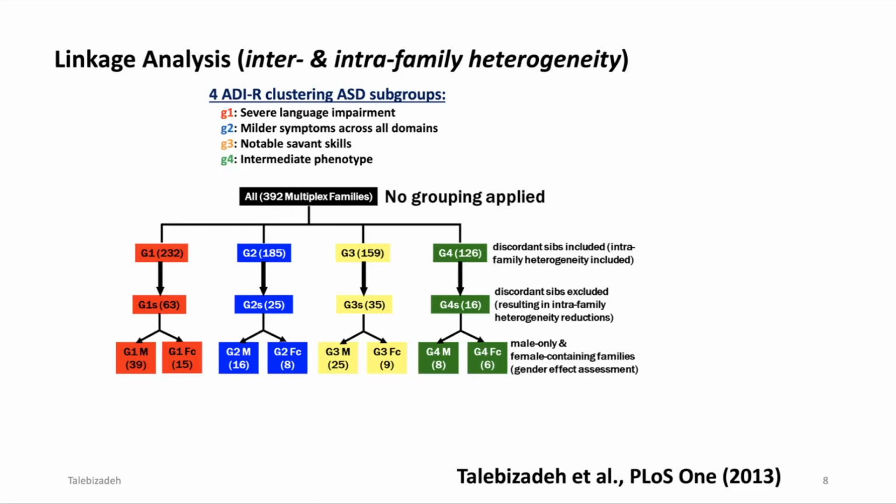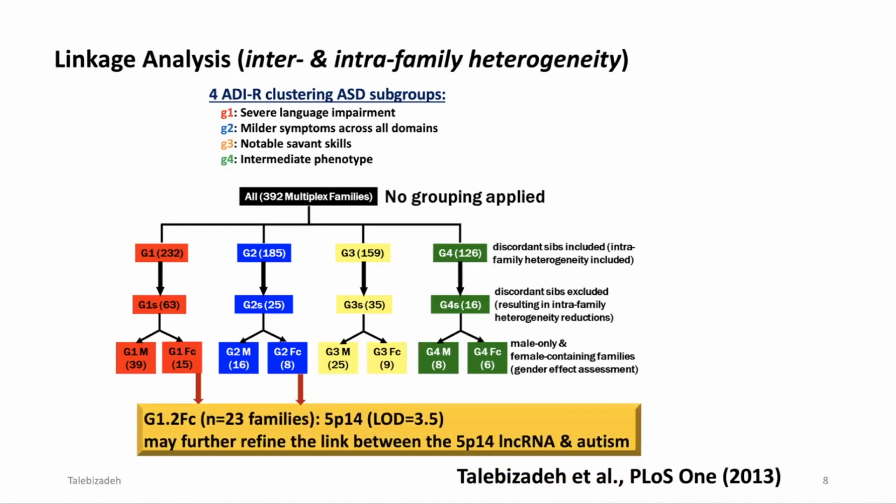We found subtype-specific linkage: two subtypes at the bottom of this stratification pipeline, with sample sizes as small as 8 and 15 families, showed positive linkage to chromosome 5p14. It should be noted that linkage for the original non-stratified group of 392 families did not result in any significant LOD score in this analysis.